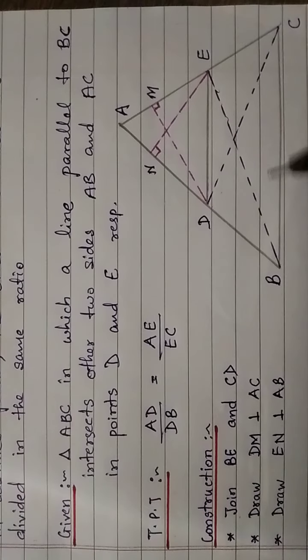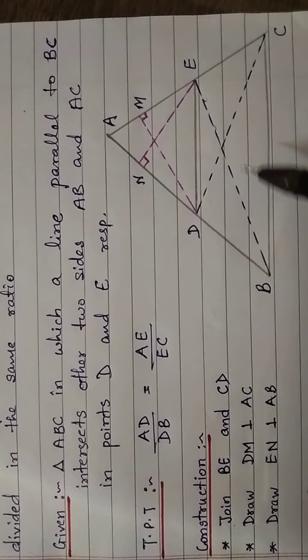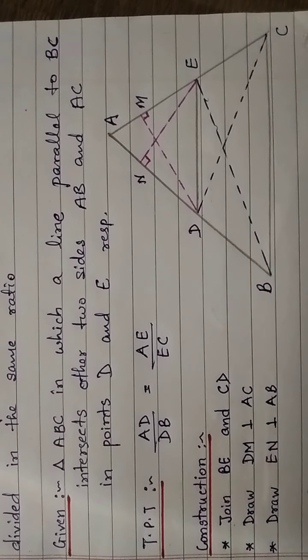Let's once more understand the statement. In triangle ABC, if we draw segment DE parallel to any one side of the triangle, say BC, then the other two sides will be AB and AC.